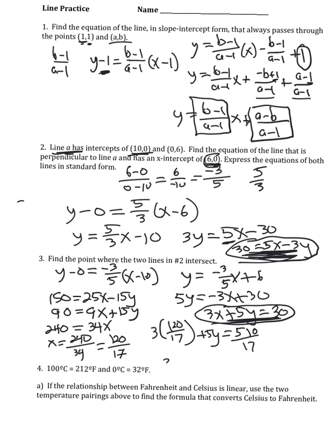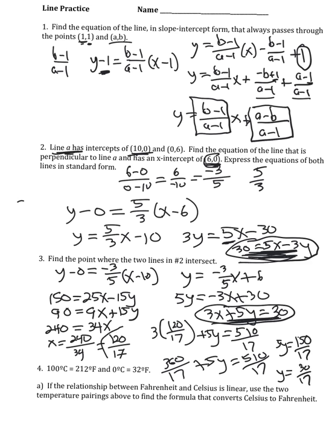That's going to give us 360 over 17 plus 5y is equal to 510 over 17. And we're going to end up with 5y is equal to 150 over 17. So y is equal to 30 over 17.